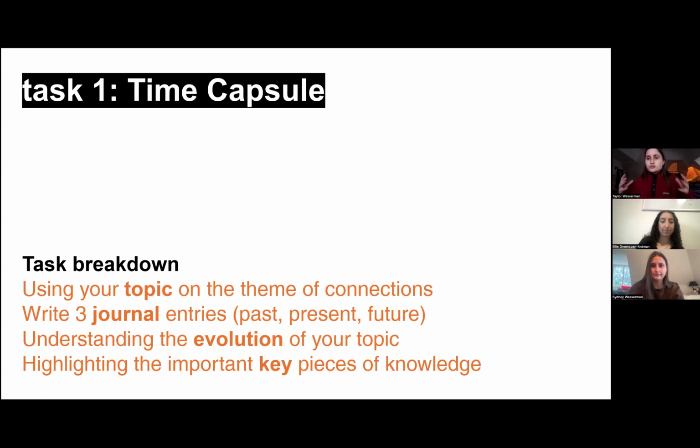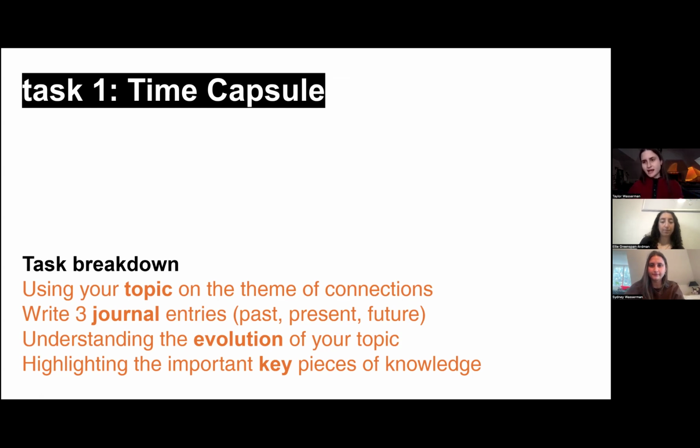The idea is to use your topic under the theme of connections to connect, ironically, the past, present, and future. There should be some connection, the same question or prompt, within the 3 in some way. I would recommend making them link. And overall, the goal would be to understand the evolution of this topic.